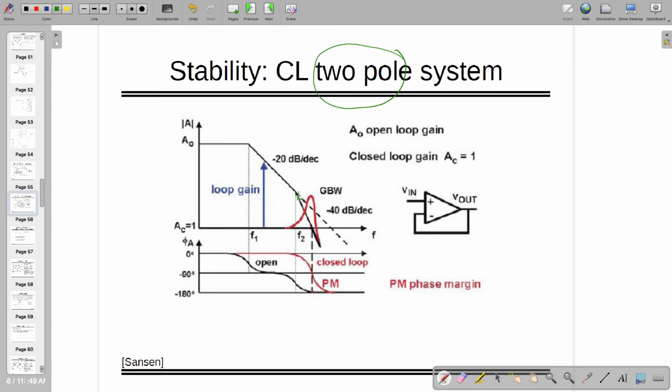Although the answer is given, it's not straight away the answer. You have to find out V out by V in first of all. You have to write down the equation, where V out by V in is A by 1 plus A beta, where beta is 1, right? You have to write down the entire A in terms of two poles.